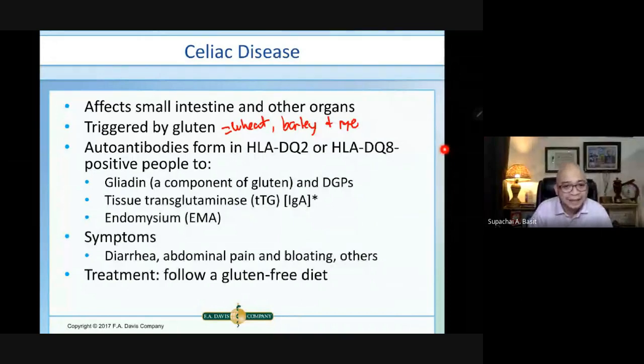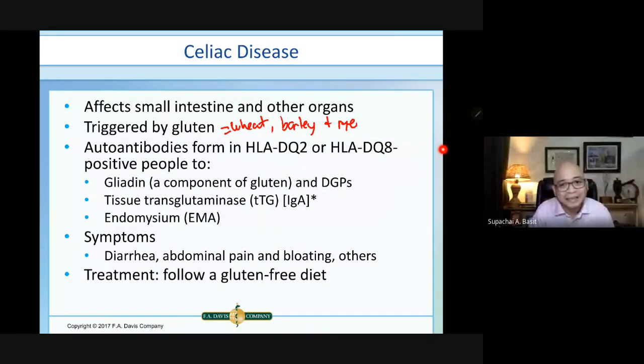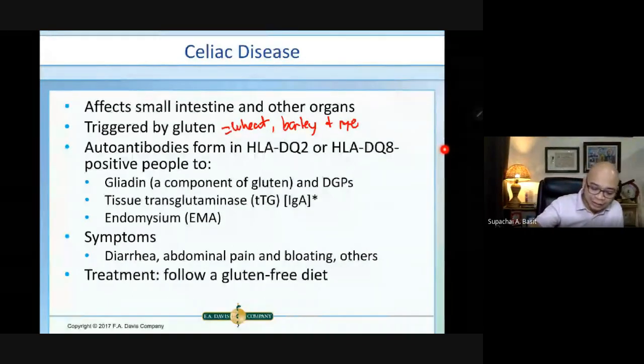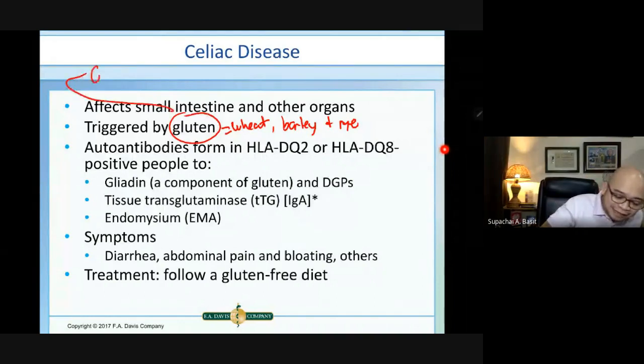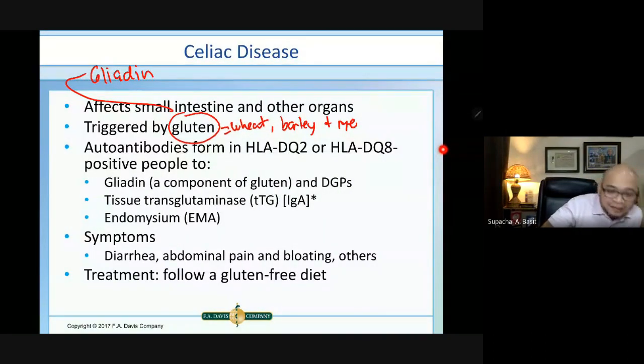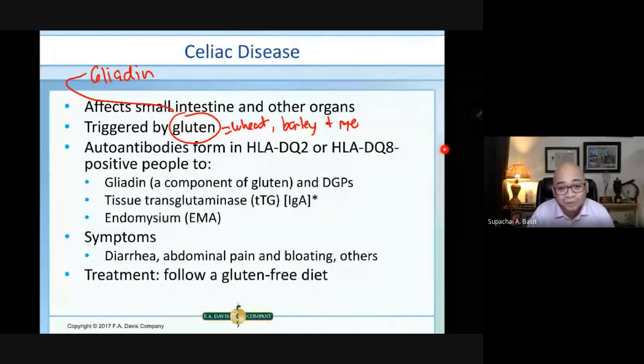Why? Because in the gluten, there's a particular component called gliadin. So gliadin is the component of gluten that is resistant to digestive enzymes. So what does it mean? It cannot be broken down. These digestive enzymes are supposed to be found in the stomach, the pancreas, and the small intestine.